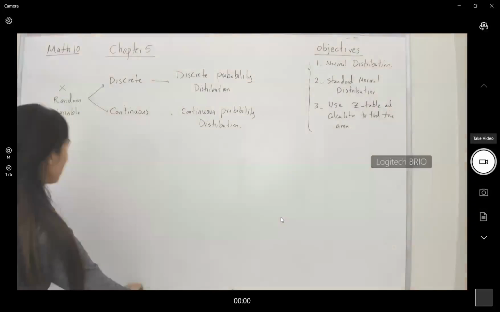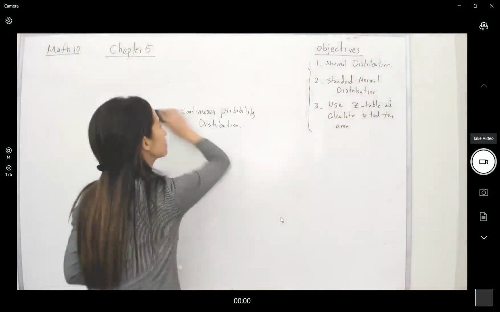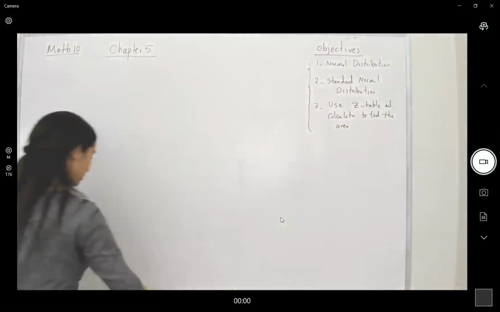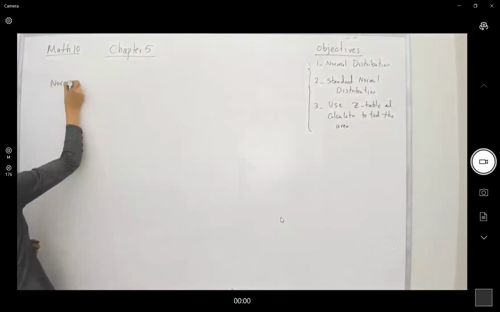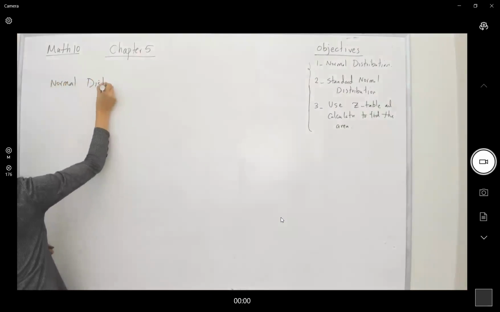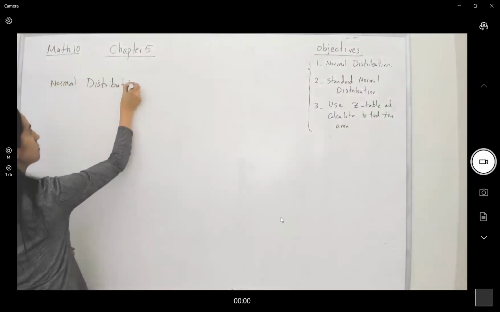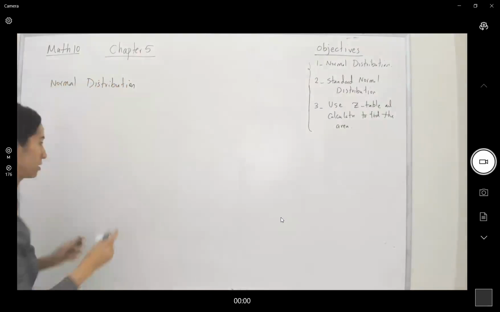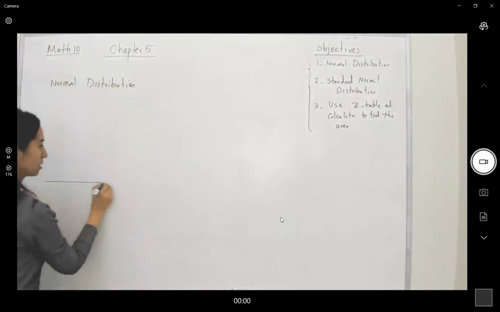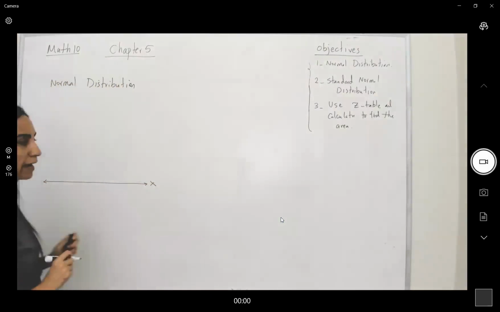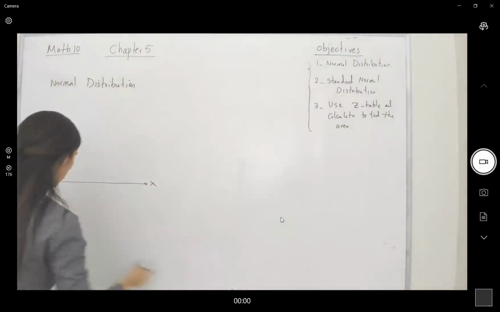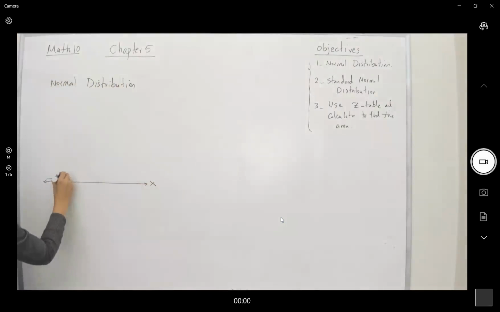So very well, we introduced a normal distribution. And our normal distribution depends on x values. So here you have your x values, and then you have your normal graph.